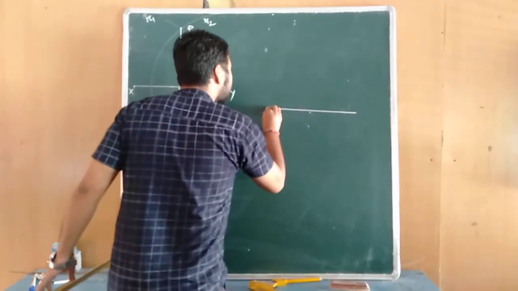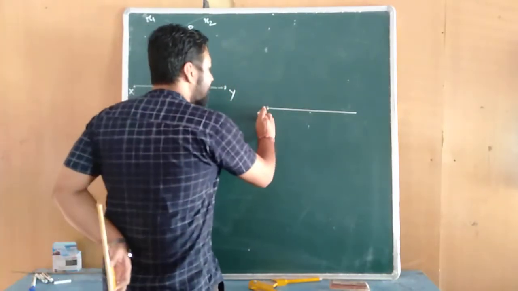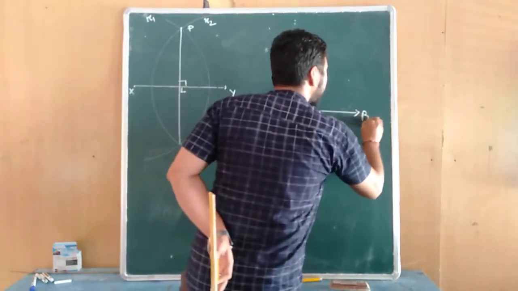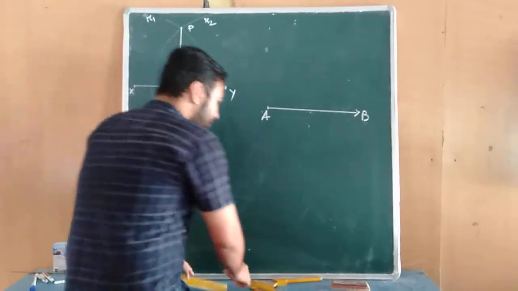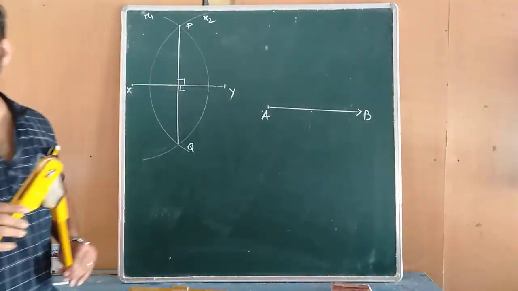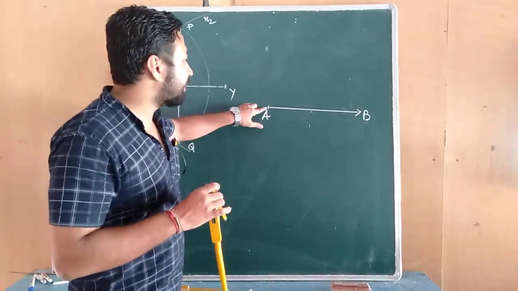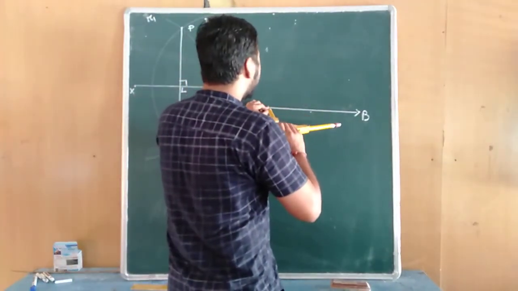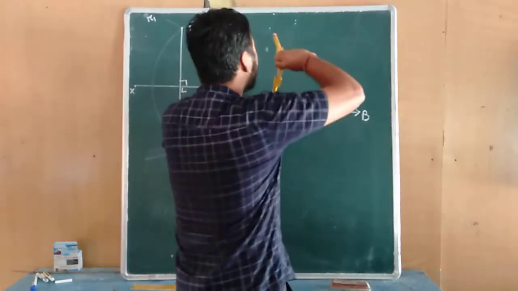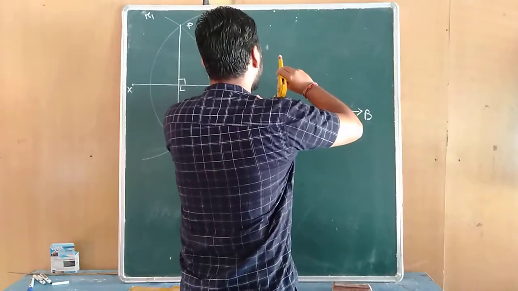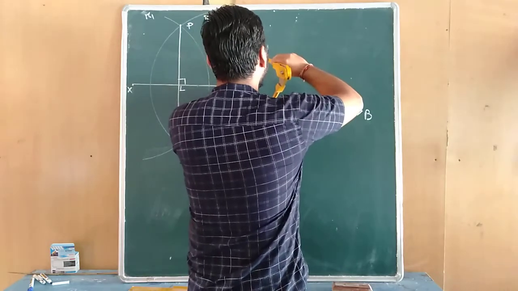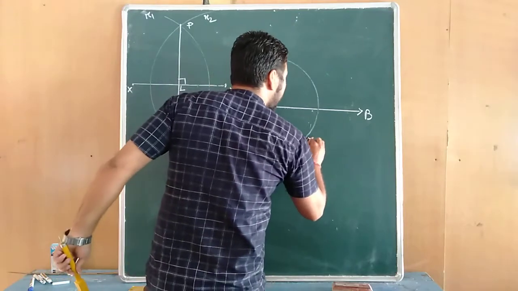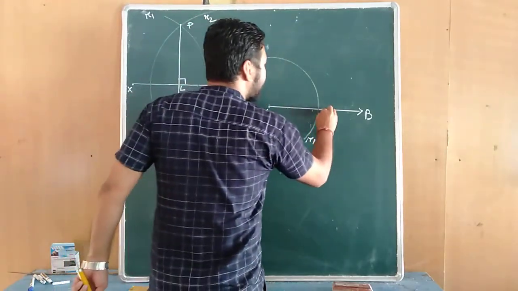This is the initial point A, and this is B. We need to draw an angle of 60 degrees at the initial point A. So taking A as center and any radius, we draw one arc. Name of this arc R1, which cuts AB at point, say, P.